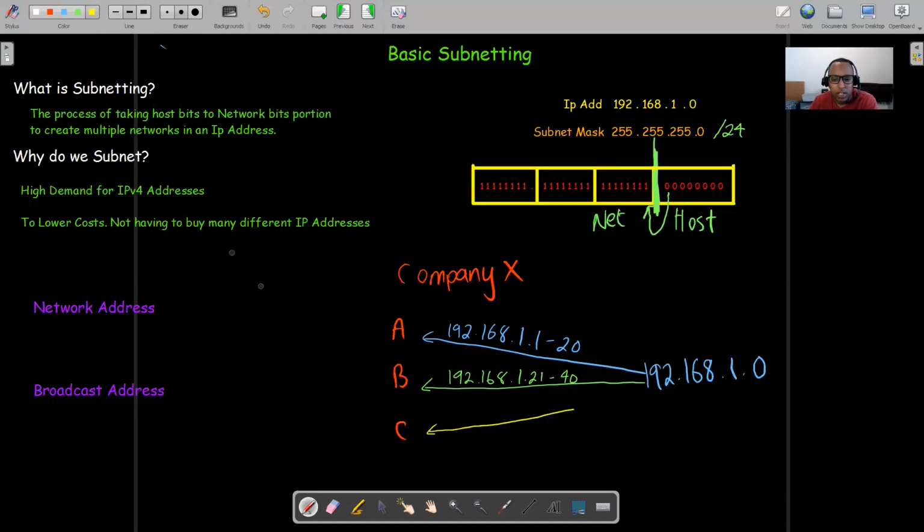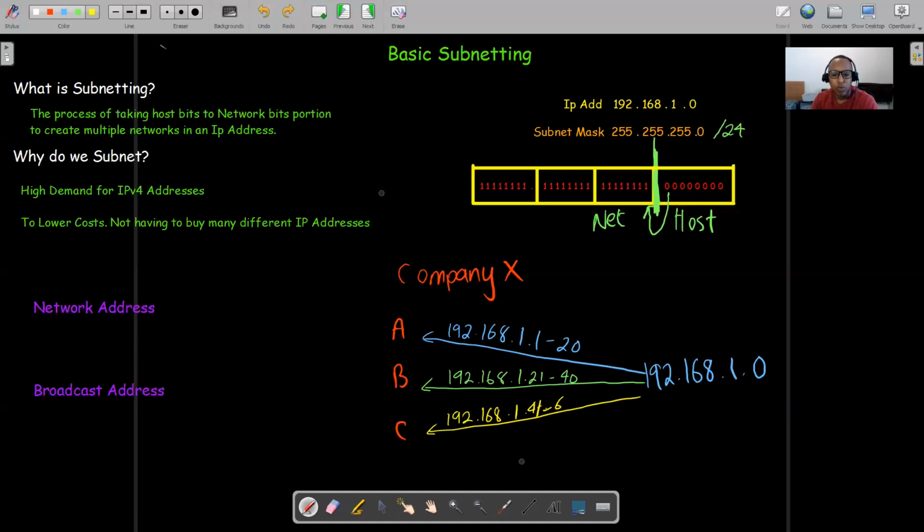And the next department, 192.168.1.41 to 60. So each department gets 20 IP addresses, and that's a cheaper option since they don't have to buy different IP addresses. It's much cheaper for a company to do it this way. And so yeah, this is why we subnet.